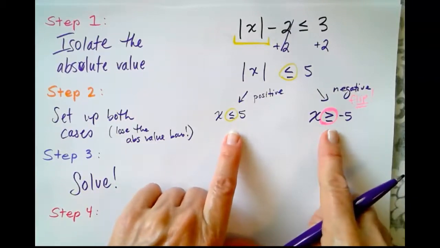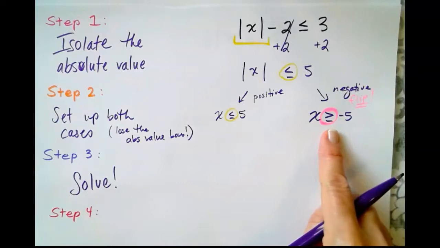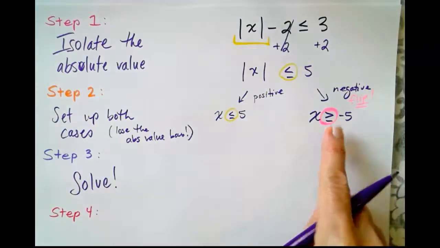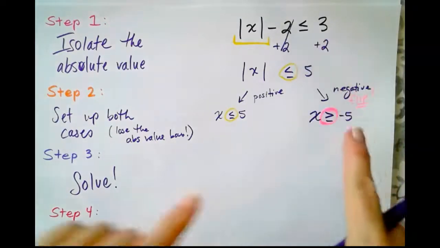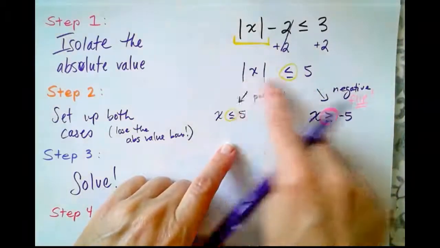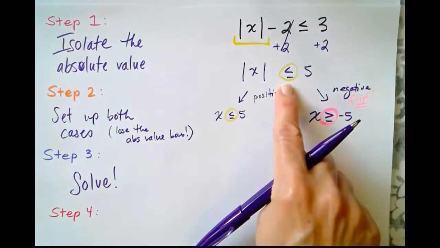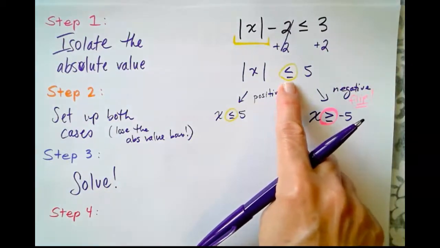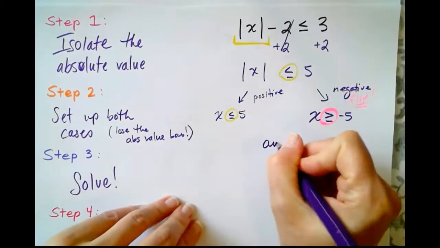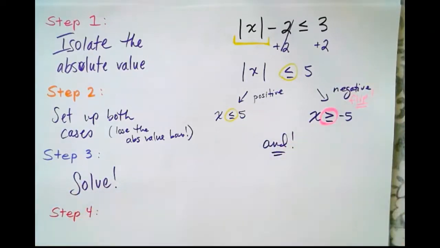Step 3 is done. Also keep in mind, once we get that absolute value by itself, we look at it. Is it less than or is it greater than? This is a less than. This becomes an and situation.